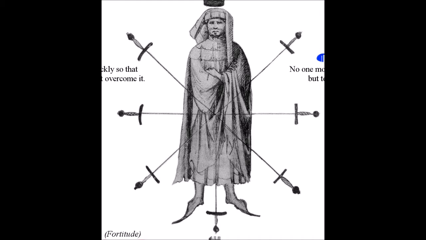First thing I want to do is talk about the swords. In the two-handed sword section, Fior tells us that the trajectory of a fendente is from eye to knee, and a sottano is from knee to eye. But when we look at the swords in this illustration, they are not following that trajectory.